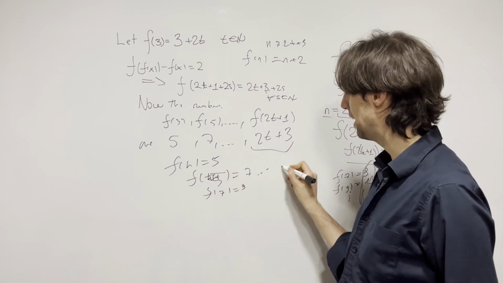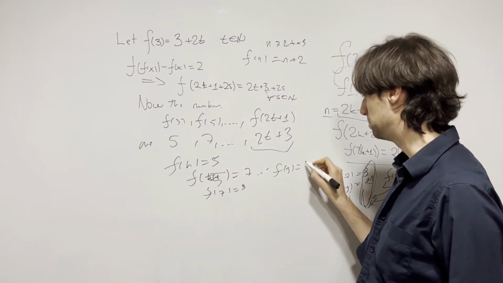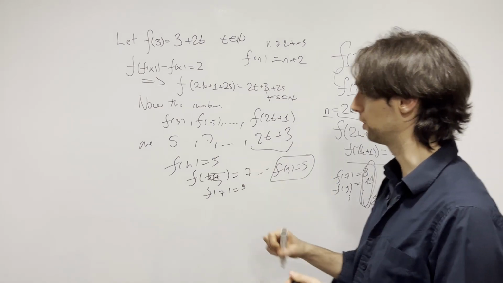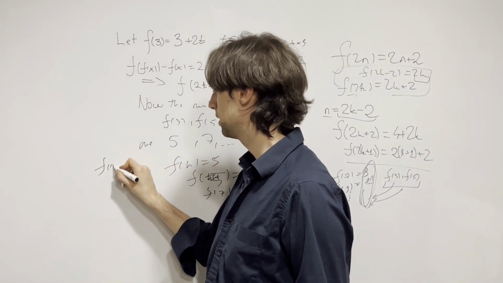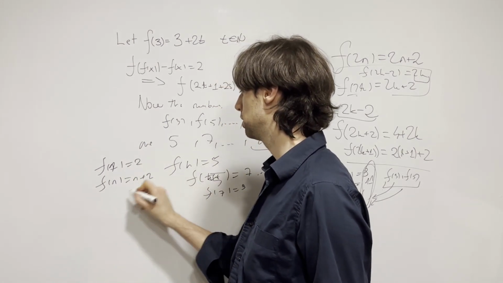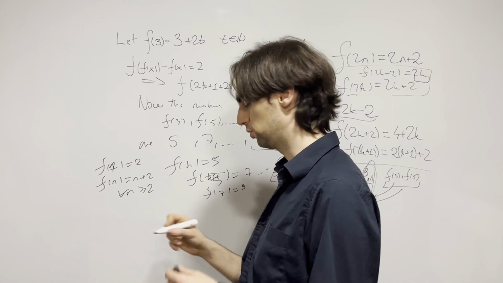So that leaves f of 3 needing to be equal to 5. And so the solution to the functional equation needs to be of the form f of 1 is 2, and f of n is n plus 2 for all n greater than or equal to 2.